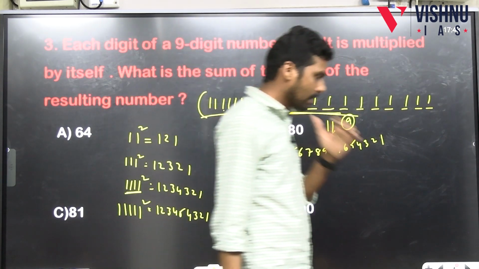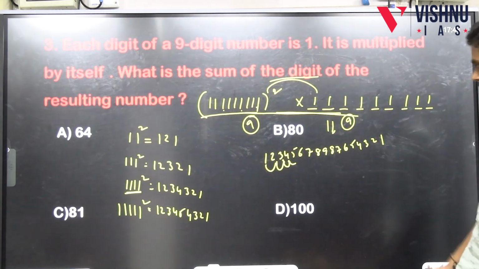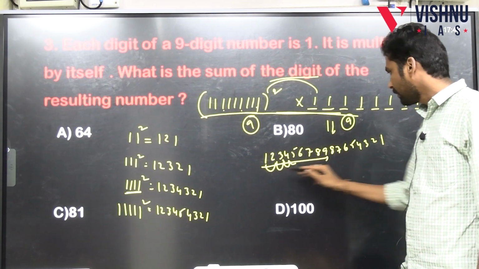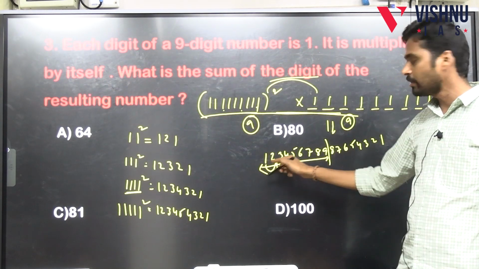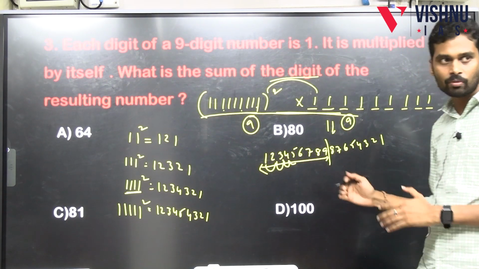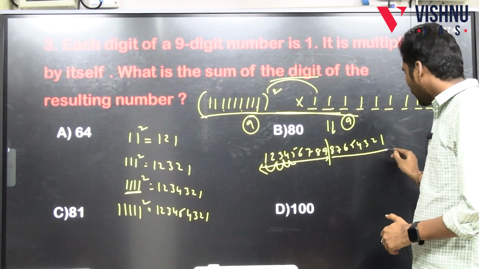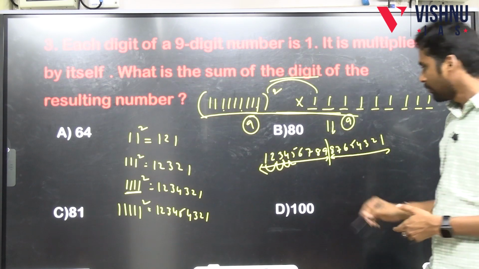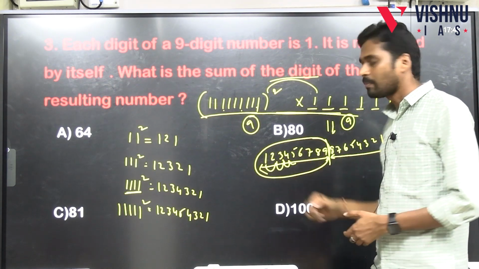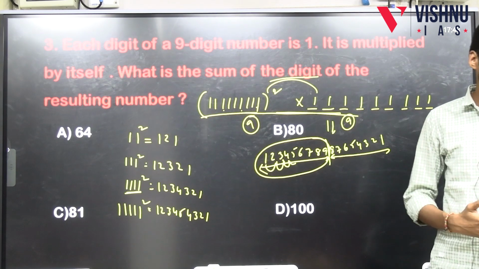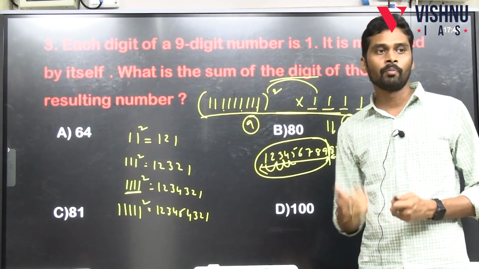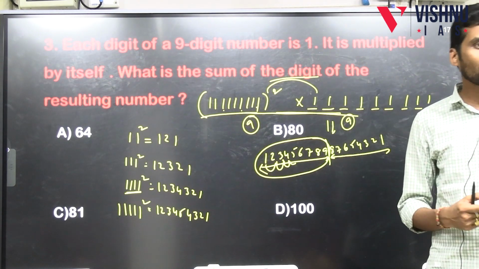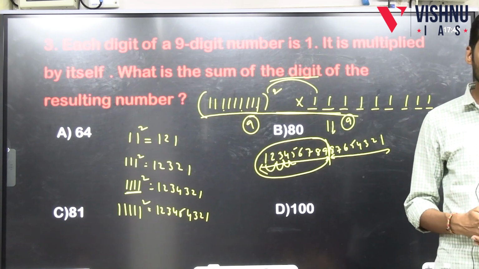By the way, if you observe the number carefully, this is a complete sum from 1 to 9. So we need to add the digits 1 plus 2 plus 3 up to 9, and from there onwards plus 8 plus 7 plus 6 up to 1. We can apply the formula for the sum of the first n natural numbers, which most probably everyone knows: n into n plus 1 by 2.